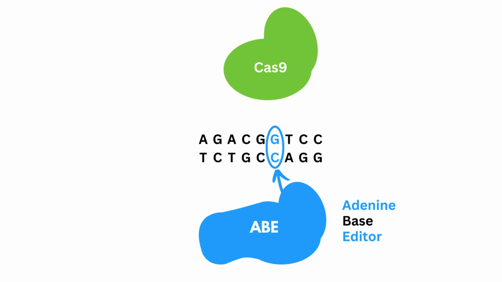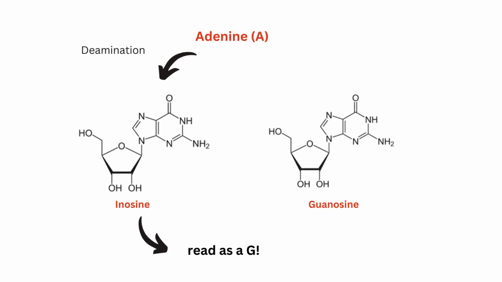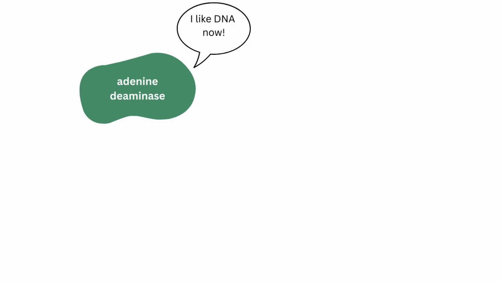Let's take a closer look and see how this works. The deamination of adenine yields inosine, which is read as guanine by DNA polymerase due to their structural similarity. However, prior to this study, no enzymes were known to deaminate adenine within DNA. The researchers took a tRNA adenine deaminase and mutated it to be capable of operating on DNA.